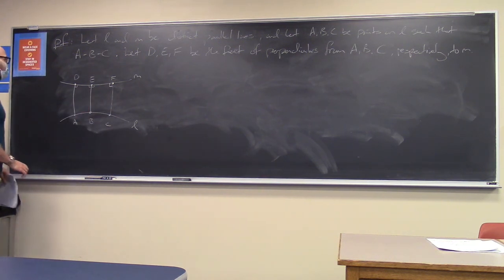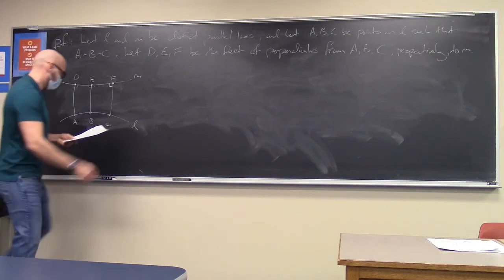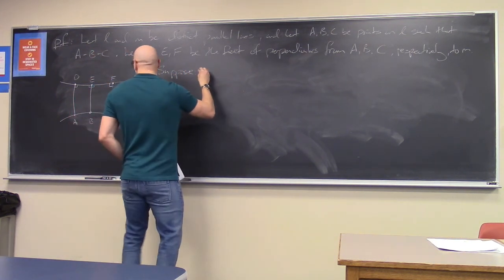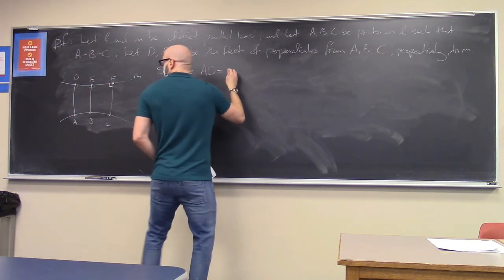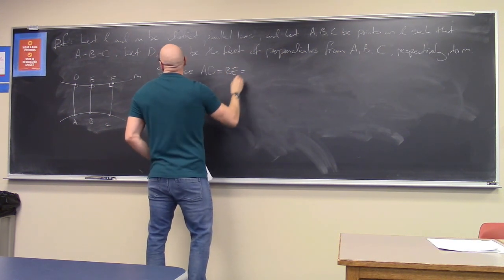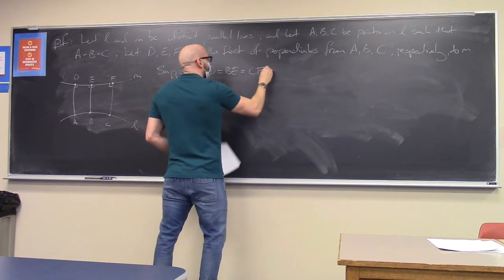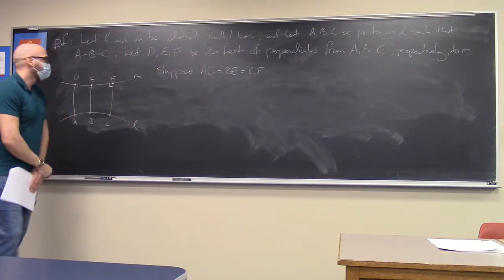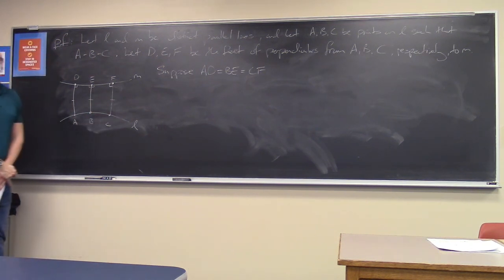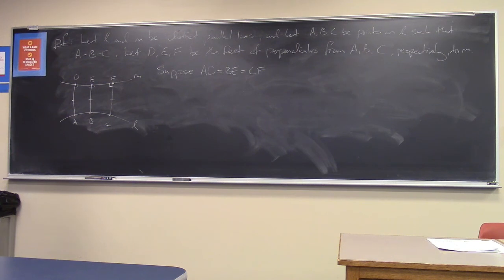All right, so let's suppose they are. Suppose AD is the same length as BE as CF. So suppose they're all the same length. Then I have three Saccheri quadrilaterals in this picture, right?